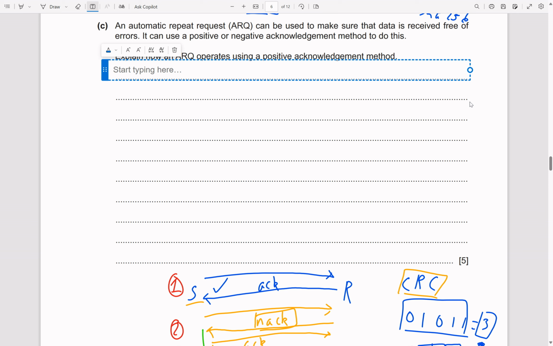So I think we can say, maybe the sender will send the data, or payload, along with a checksum, but let's say along with an error detection method, e.g., cyclic redundancy check.